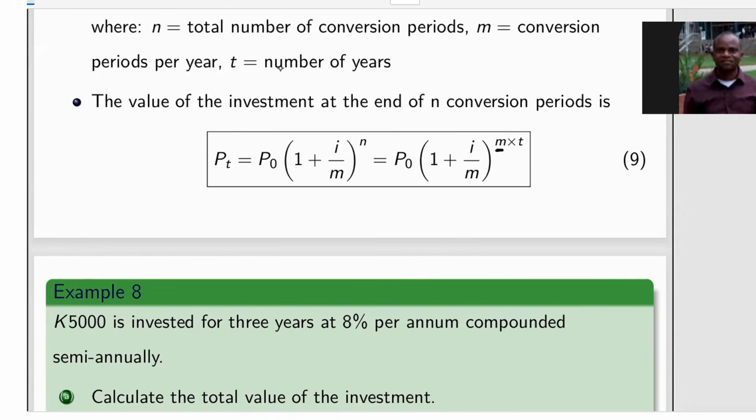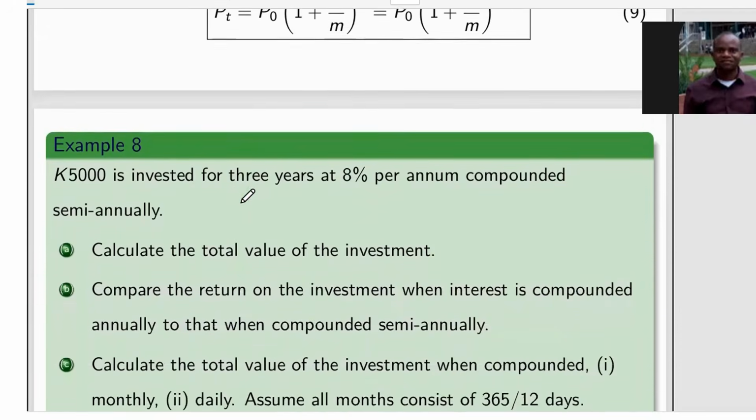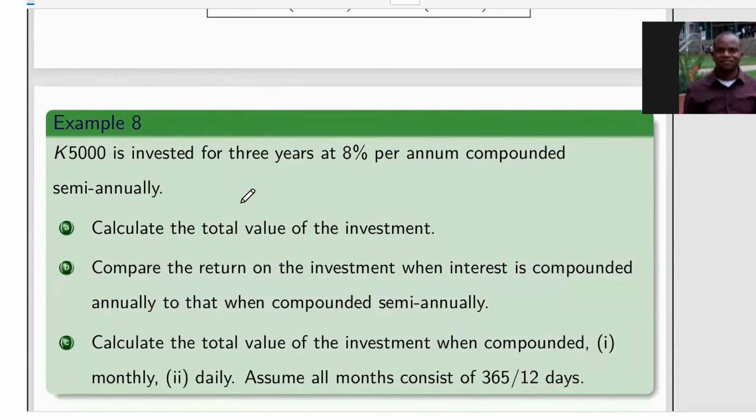So I left you with an example, example number 8, to go and complete parts B and C because we solved part A. But just to remind everybody, we're going to compute all of them. So let's start. Question 8 says that 5,000 is invested for 3 years at 8% per annum compounded semi-annually.